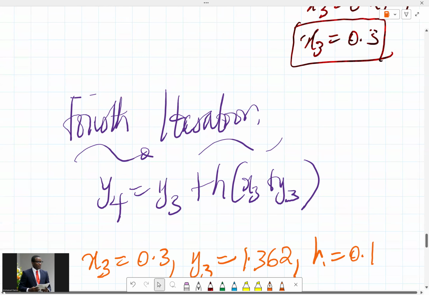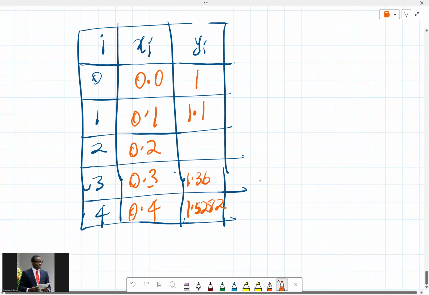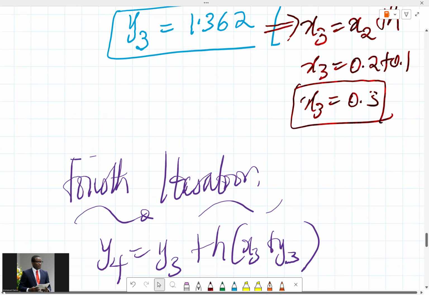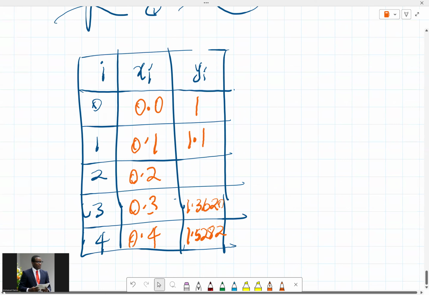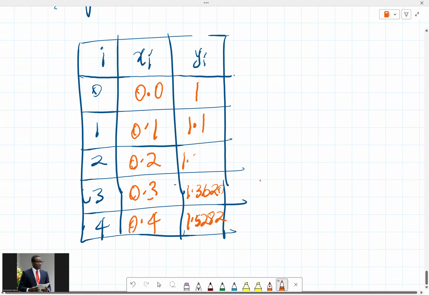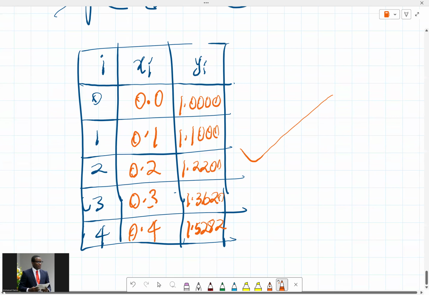What is y3? Y3 is 1.3620. Then y2 is 1.2200. The decimal places are just for consistency. Going back to the earlier ones, this is 1.1000, and the first one we can write as 1.0000. So that's the table for our iterations.